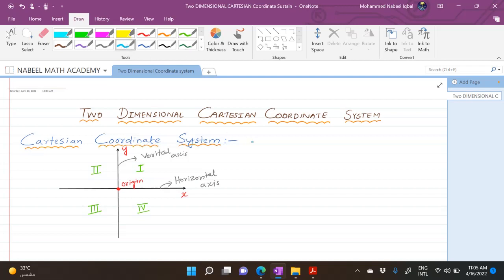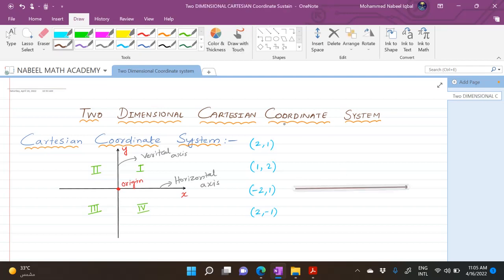Let us plot some points on the coordinate system. I have (2, 1), (1, 2), then (-2, 1), then (2, -1). So I will draw the points.